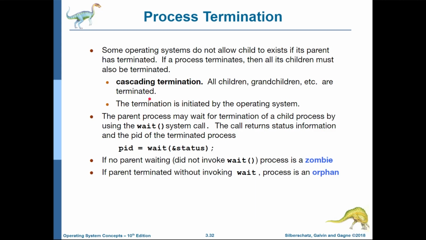Under a Linux system, if a parent terminates, then any child processes for that parent are actually moved to a different parent. And in the case of Linux, that different parent is process number 1.